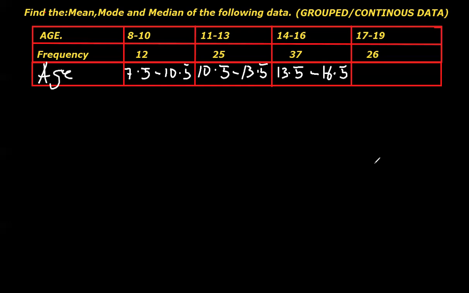And now this becomes 16.5, and the upper class boundary, 19.5. Now I just made my data continuous. All right. This would be helpful when you're calculating the median. So for the mean, no problem.